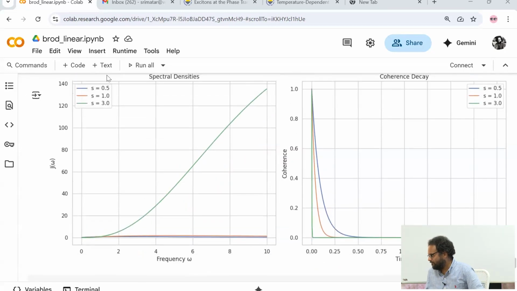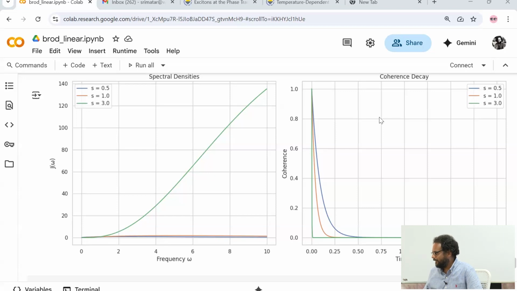So here I have chosen three S's. Frankly, it's kind of a bad plot because if you look closely, the blue one, S equal to 0.5, is almost flat. It almost doesn't change. It's because it's very small. Whereas if I go to super-ohmic at S equal to 3, you have a very rapid increase.